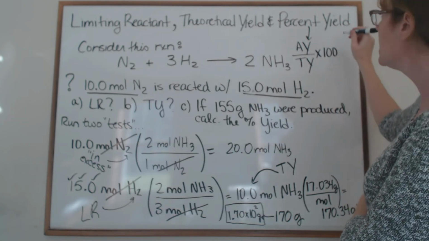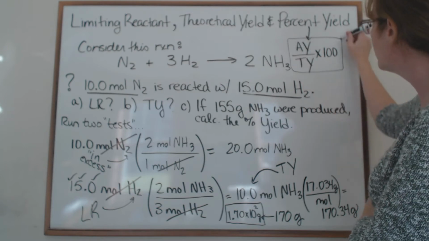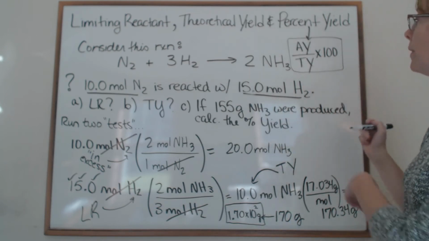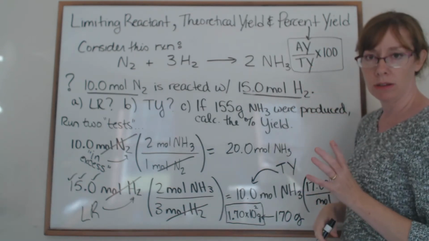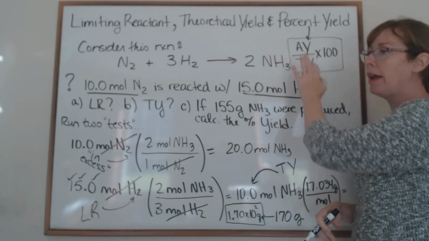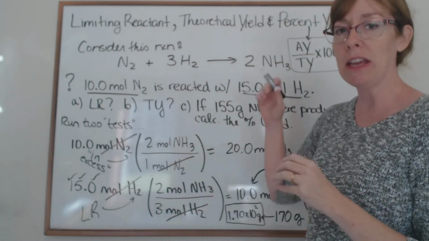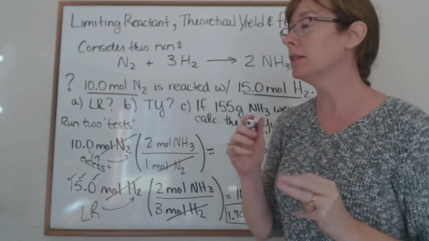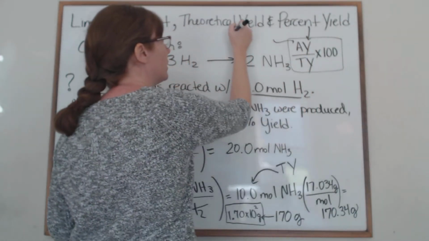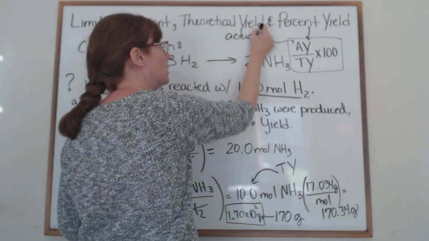Okay, if you can just memorize that percent yield is AY over TY times 100. Well, we already know that TY is theoretical yield. What is AY? And this is just mine. This is not a famous thing, but AY is just my abbreviation for actual yield. AY stands for the actual yield.